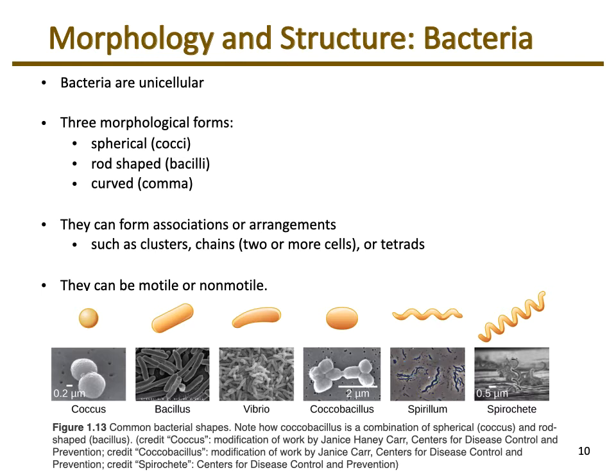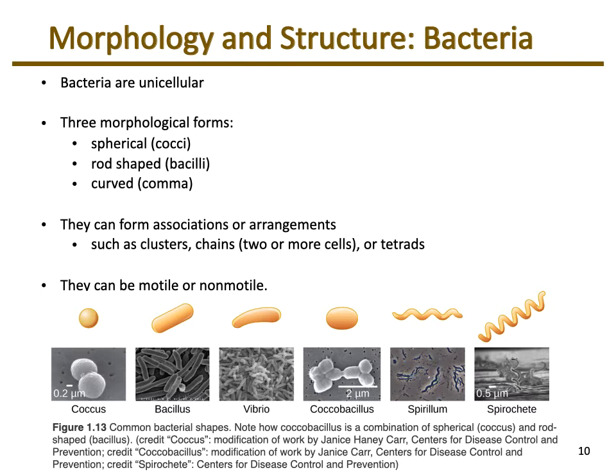With bacteria, they will associate with other bacteria of the same species. They also associate with bacteria not of the same species, but they will have an arrangement, a pattern in which they appear if you look at them under the microscope. So they can form clusters or chains. Chains are where we have two or more cells.